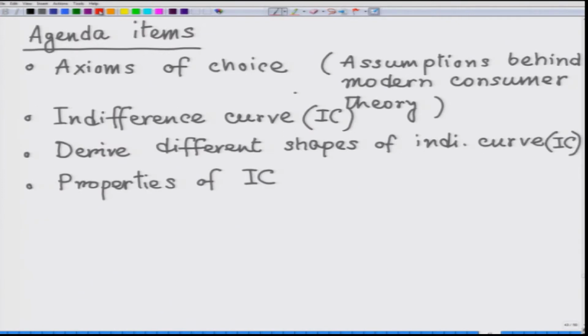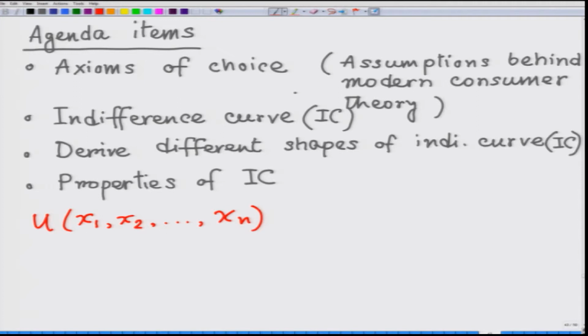But before we start with the axioms, let us assume that the consumer has a utility function defined over n number of commodities. So, the utilities are interdependent, and this utility function is to be maximized subject to some constraint. So, the consumer faces a constrained optimization problem.